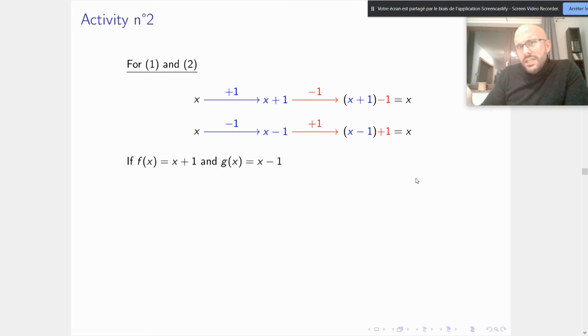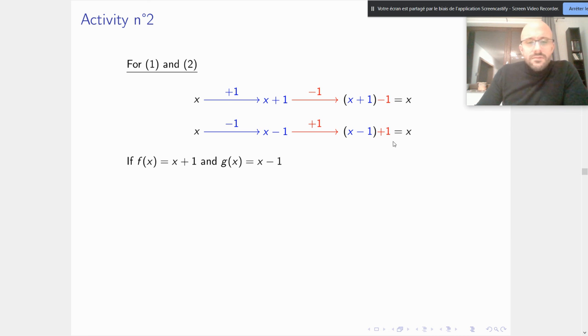Of course, it's composition of functions. What you are doing here is composing two functions with each other. Here you are composing x minus 1 with x plus 1.